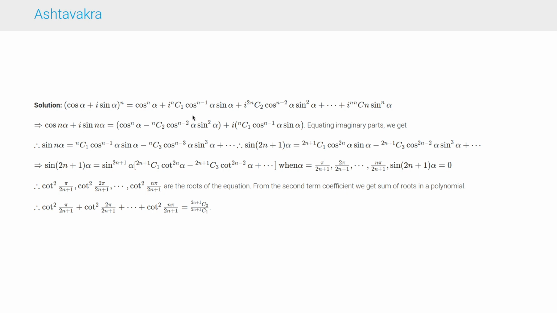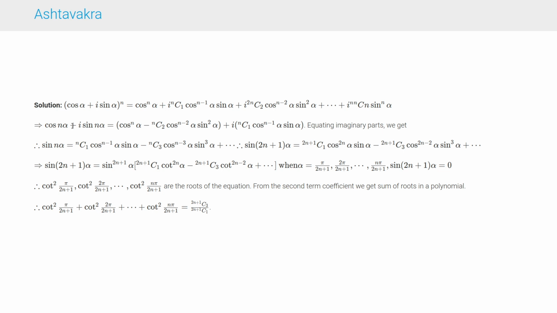Okay. I am reading it wrong. All right. This is cos to the power n alpha plus i into nc1 cos n minus 1 alpha sin alpha plus i square into nc2 cos n minus 2 alpha sin square alpha plus and so on plus i to the power n into ncn sin to the power n alpha.